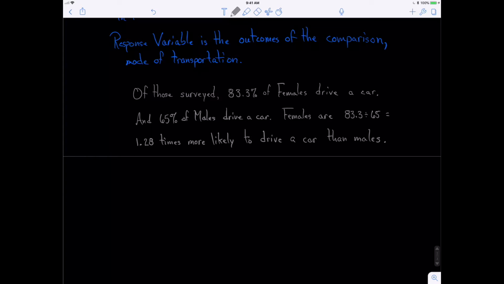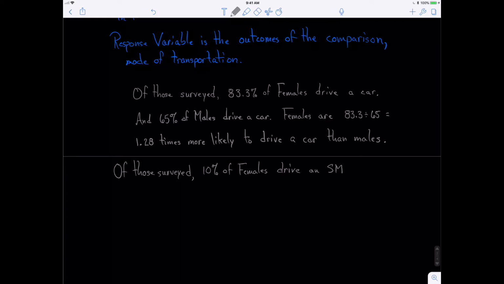Let's see. So we'd say of those surveyed, 10% of females drive a car. Sorry, drive an SUV or minivan.